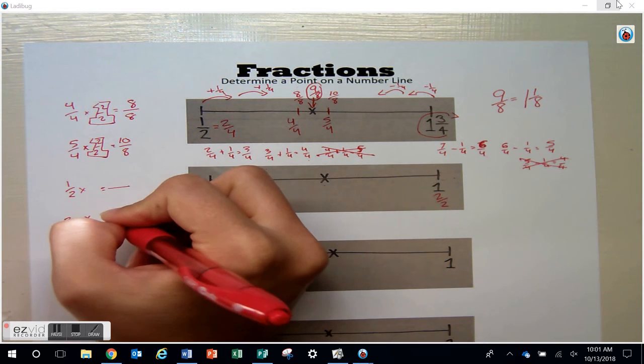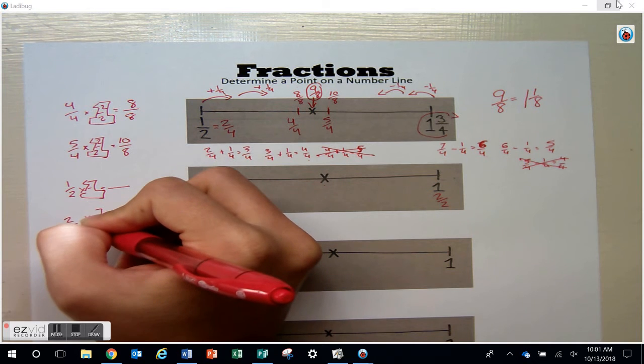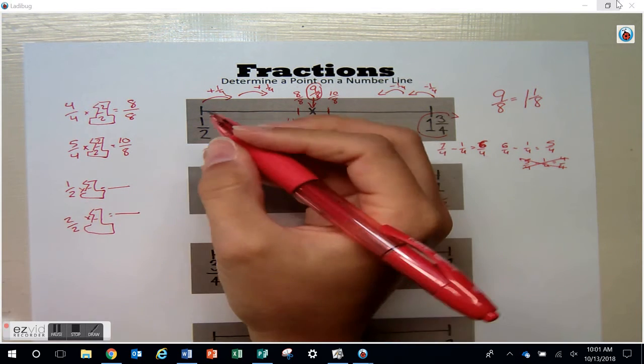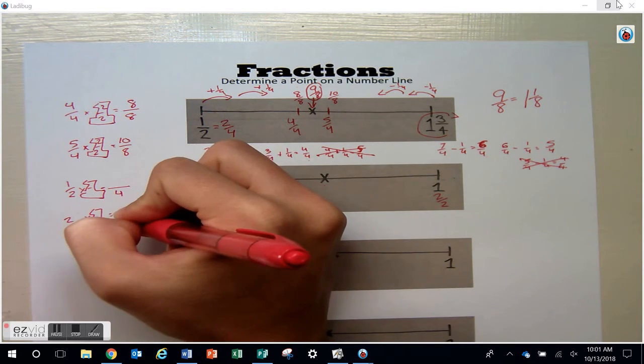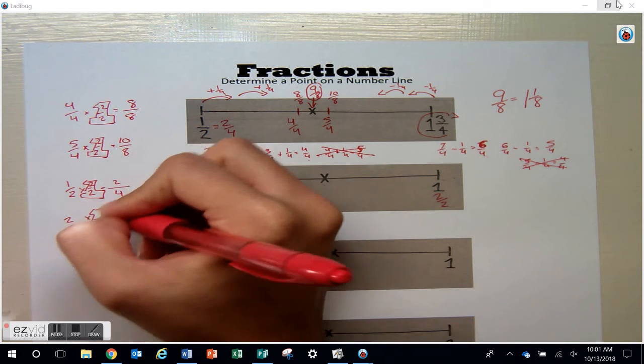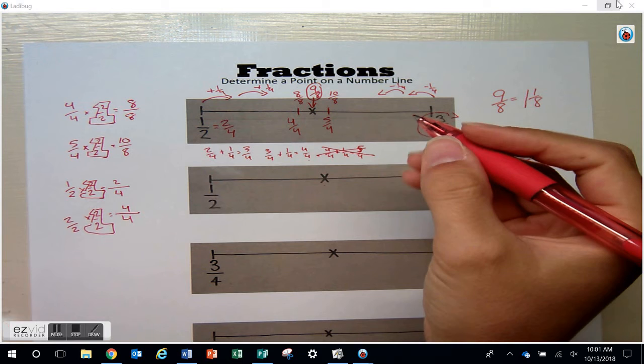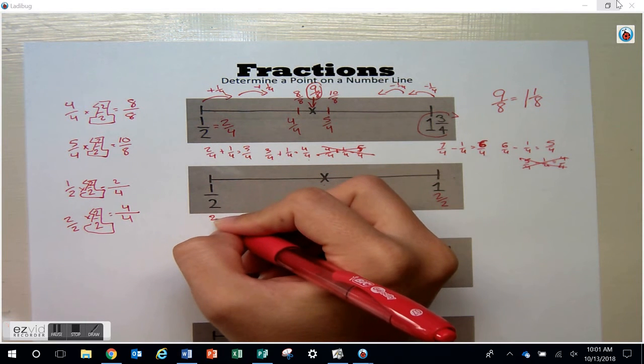Well, I could change them into fourths because that would be a small piece. 2 times 2 is 4, 1 times 2 is 2, 2 times 2 is 4, 2 times 2 is 4. So now I have 2/4 and I have 4/4. Maybe some of you know what comes between 2/4 and 4/4.